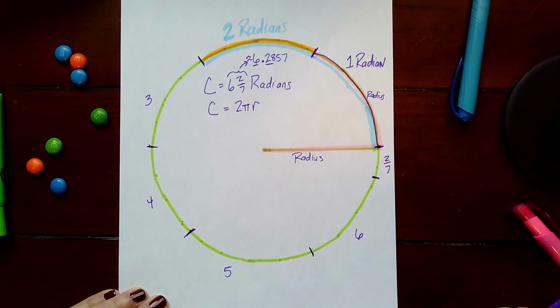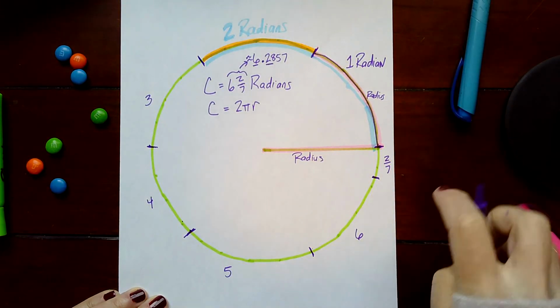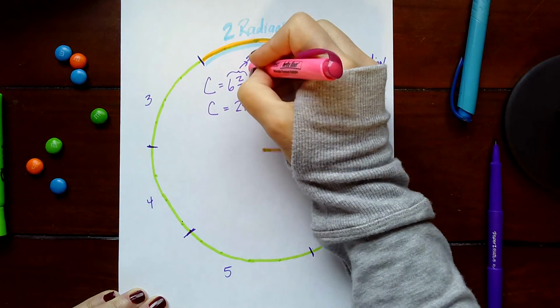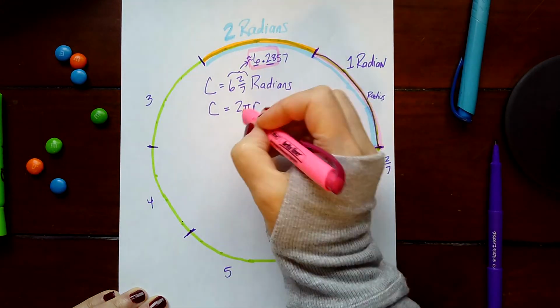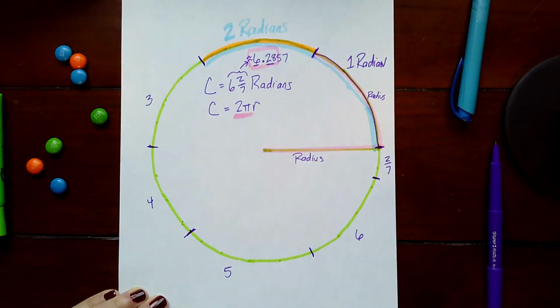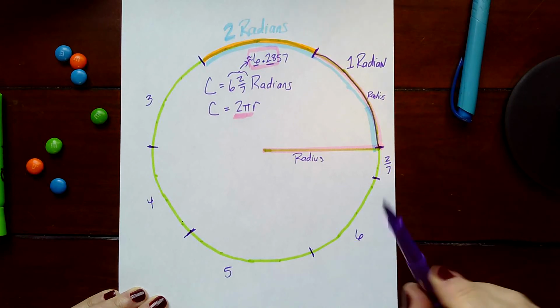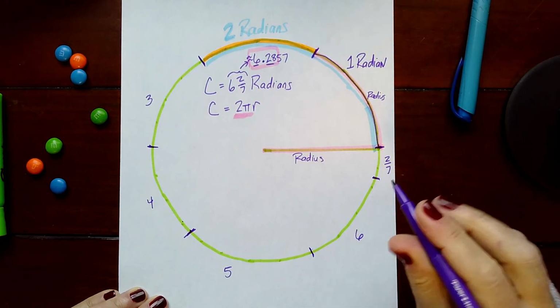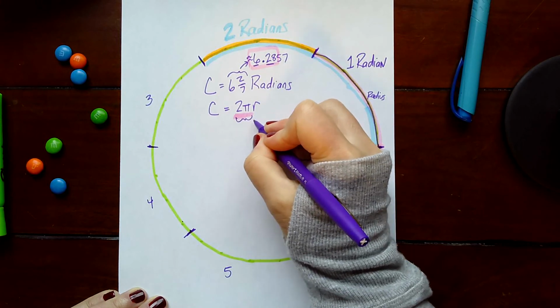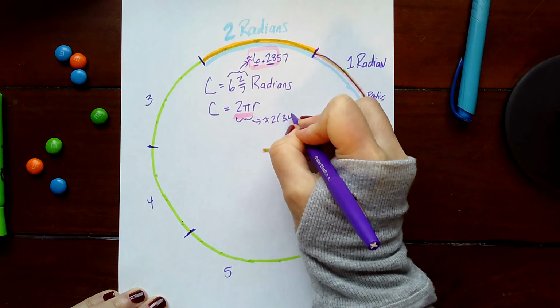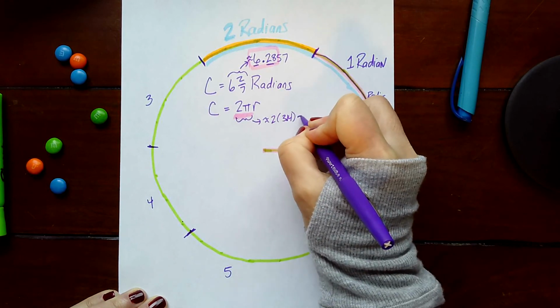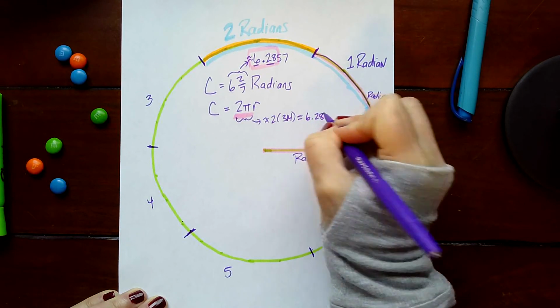Now take a look at that number, 6.2857. When I really look at it, this number pops out to me, 6.28. Here's my question for you. Pi is the number in math. It's irrational because it doesn't round naturally. If we do round pi, remember pi is about 3.14. So an approximation of this is approximately 2 times 3.14, and if you do that, you're going to get approximately 6.28.